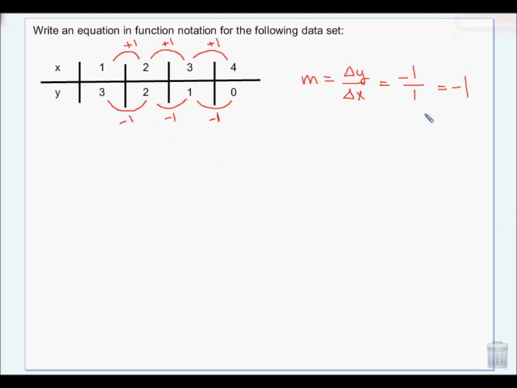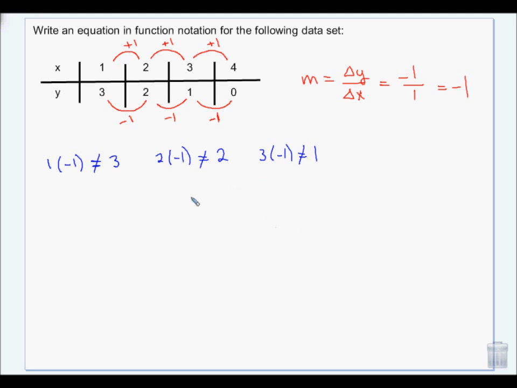Alright, so now I found the slope. But does 1 times negative 1 equal 3? No. And does 2 times negative 1 equal 2? No. Does 3 times negative 1 equal 1?